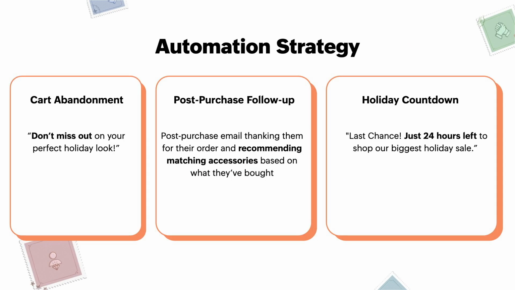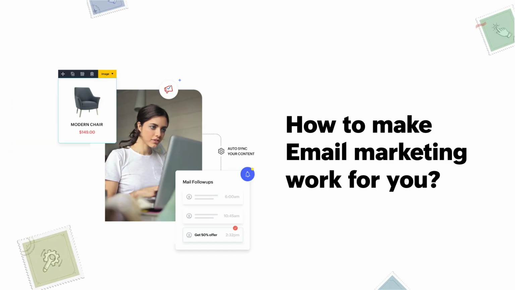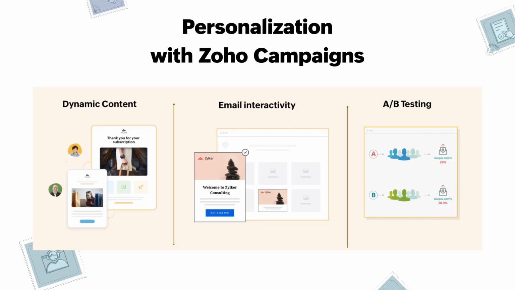In automation, it's about sending a sequence of emails. Let me help you with a few personalization techniques in Zoho Campaigns. We have dynamic content in your template editor, where you can configure dynamic content and email interactivity. Email interactivity will help us strategically place the CTA button and other links on your emails.